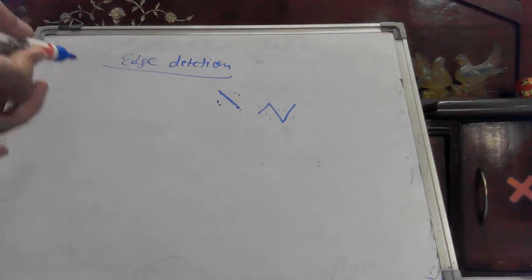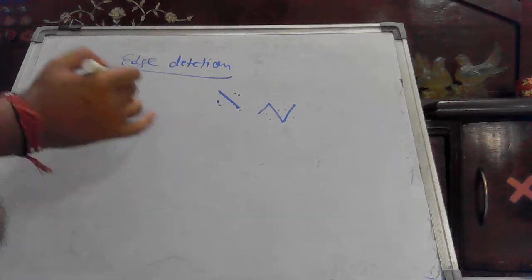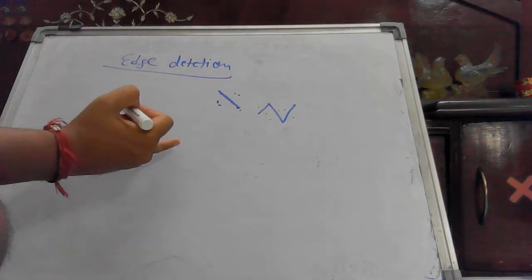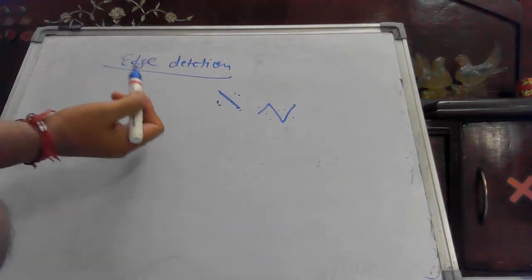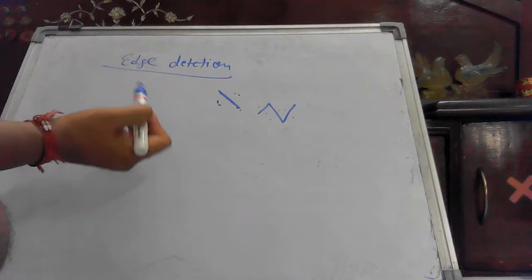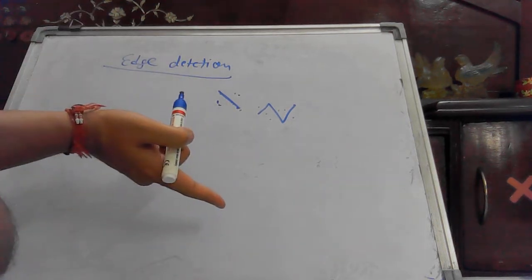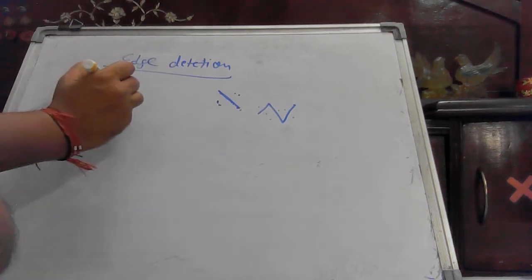So normally edge detection is very popular, and we have seen its filter masks during the discussion of frequency domain filtering. If you remember, I told you about frequency domain filters, one dimension filters and two dimension filters. In the one dimension filters, we talked about three different kinds of filters.